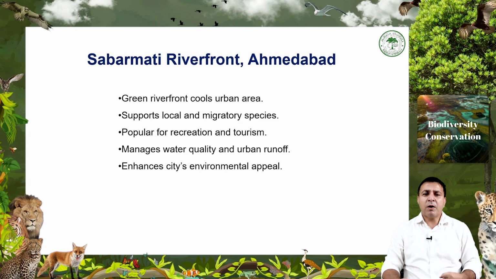As a popular site for recreation as well as tourism, the Sabarmati riverfront is an excellent example of how urban green spaces can enhance a city's environmental quality and appeal.